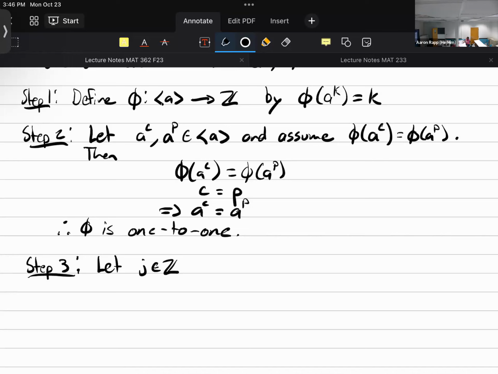So if I choose something from my codomain, which is the set of integers, what I'm mapping into, can I figure out an element in my domain, that cyclic group generated by A, that will map to J?